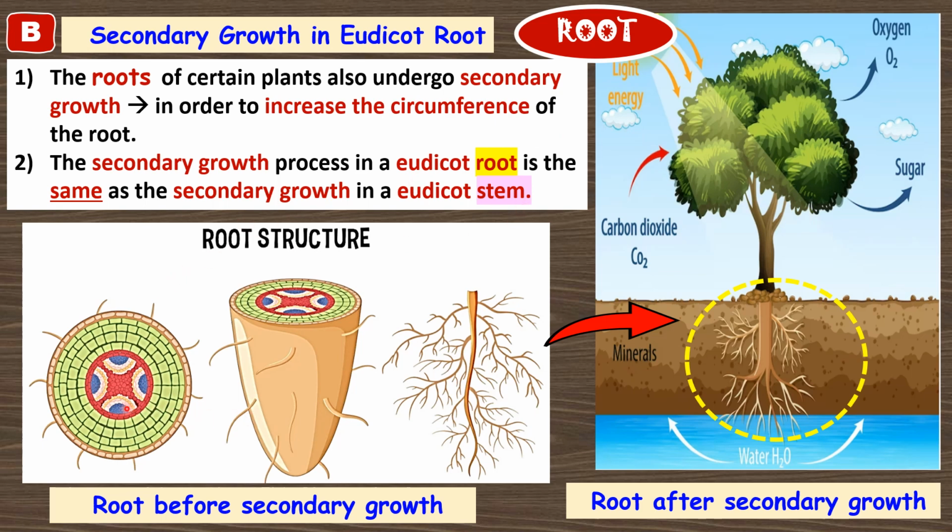So here we see the root before secondary growth, and after that the root will thicken during secondary growth, and its diameter will increase. Its circumference will also increase. Okay, so let's find out more about the process of secondary growth in a eudicot root.